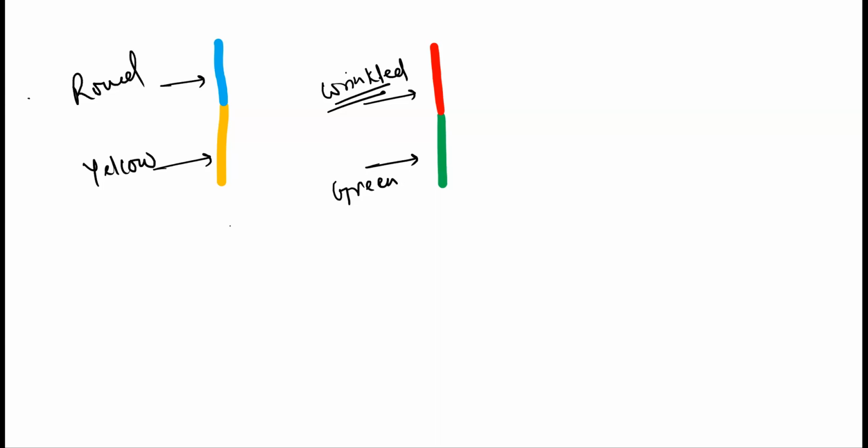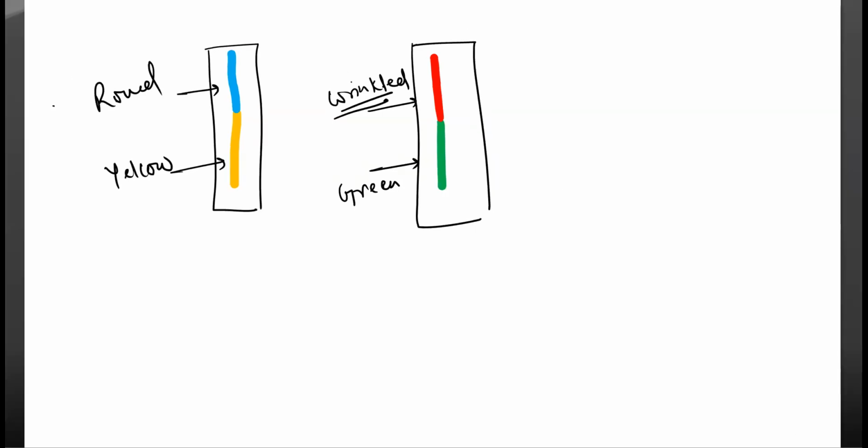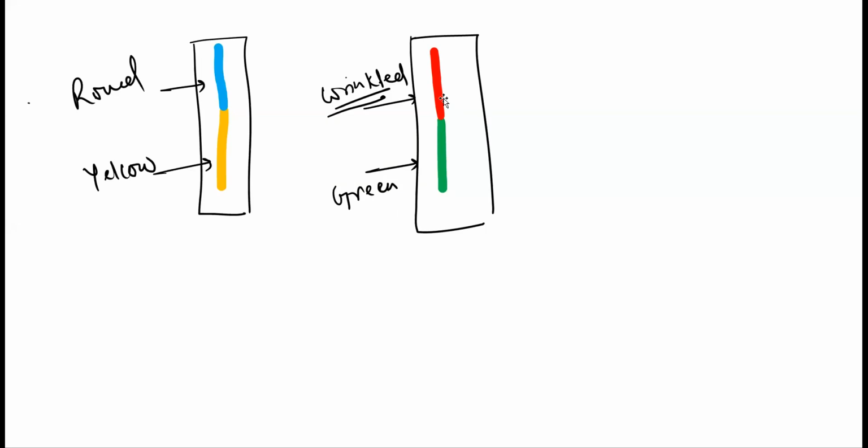First order can be like this. The second order, they can have a separate order. How can they have a separate order? Let me show you. If they are separate, you can put it here, and you can place this one over it.